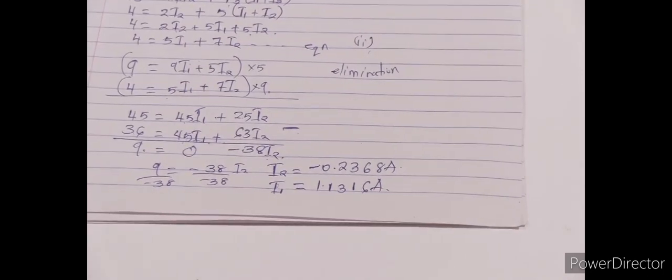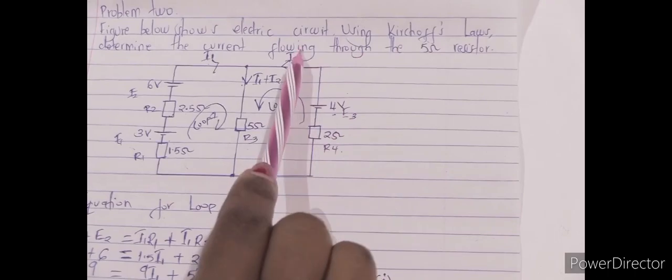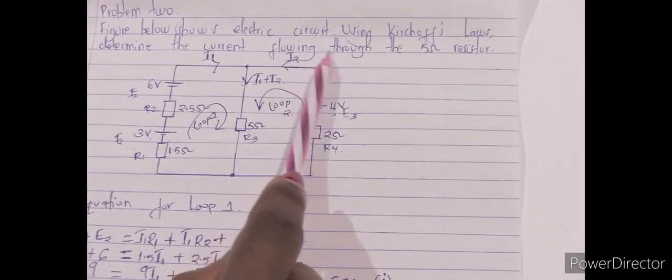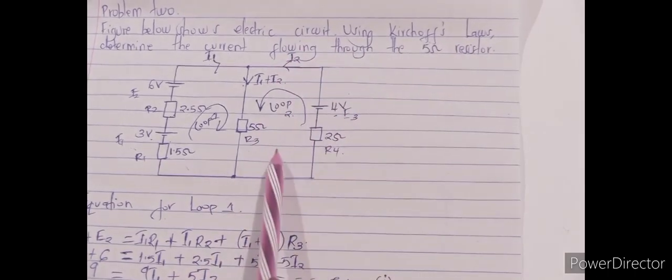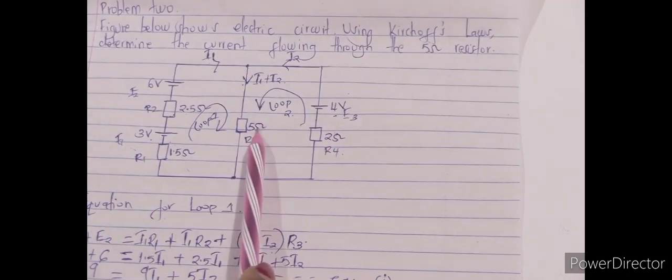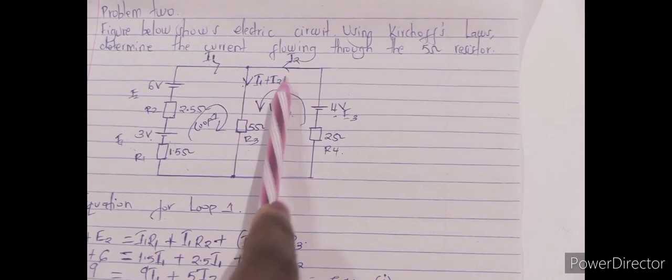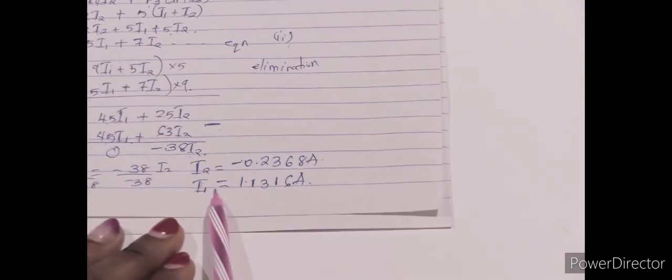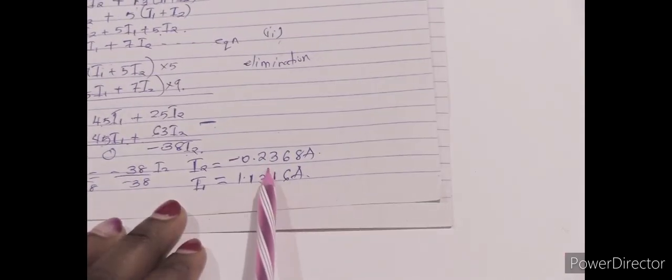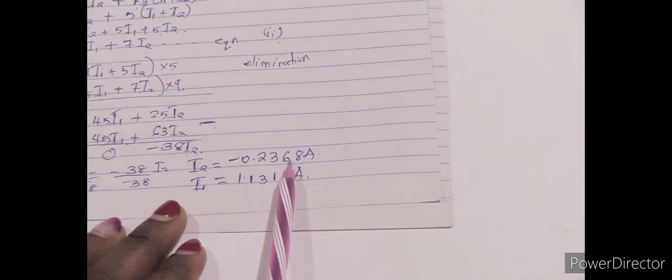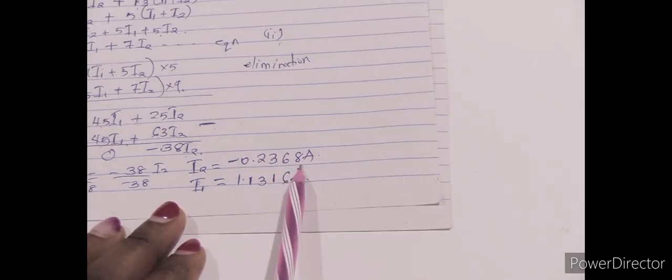So now, how do we get the current through the 5 ohm? In the question, you are supposed to get the current flowing through the 5 ohm. The 5 ohm is here. The current passing through this is I1 plus I2. So simply take your I1 and add negative 0.2368.